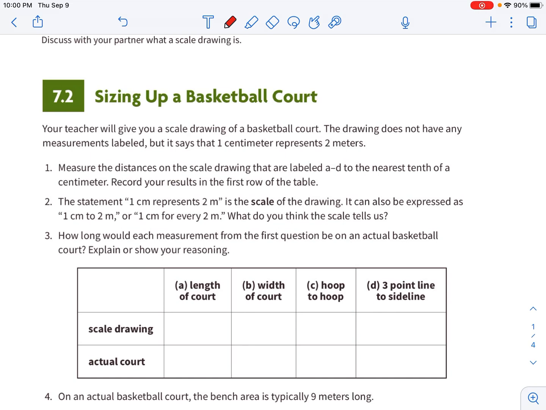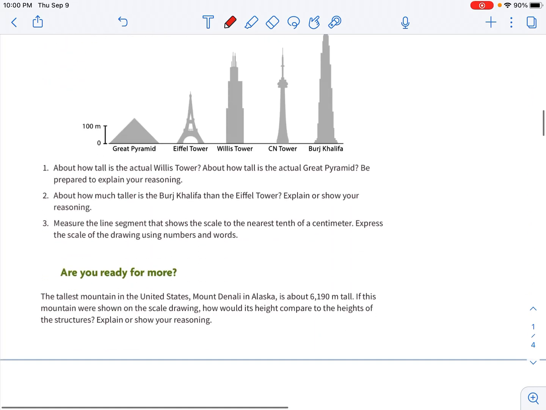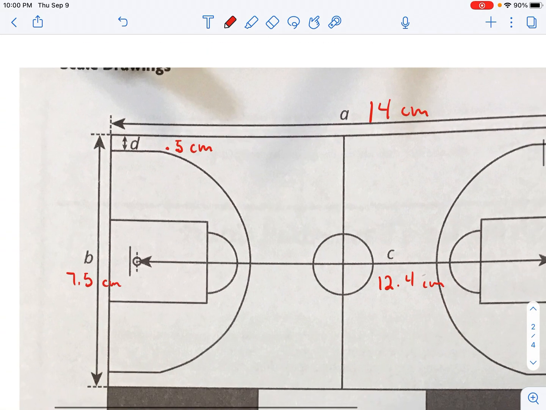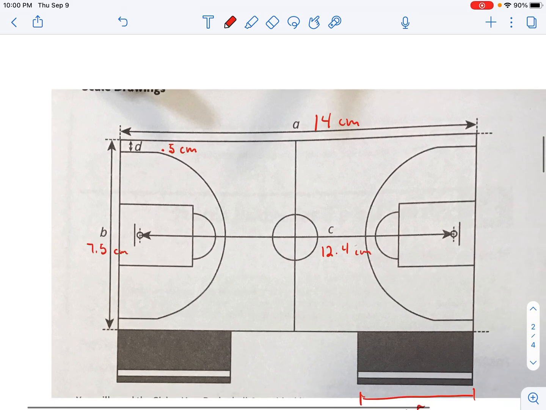It says measure the distances of the drawing that are labeled A to D. So here's the basketball court. A was the length, B was the width, C was the distance from hoop to hoop, and D was the distance from the 3-point line to the sideline.